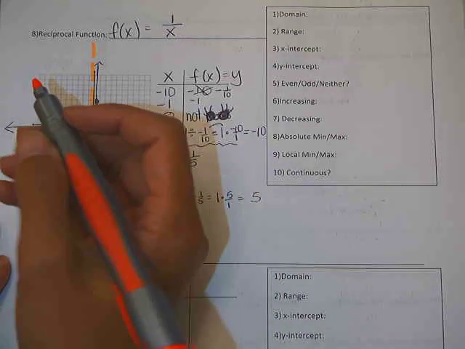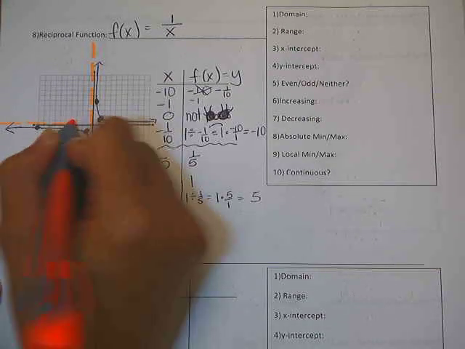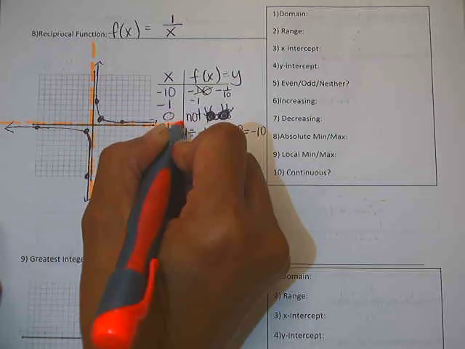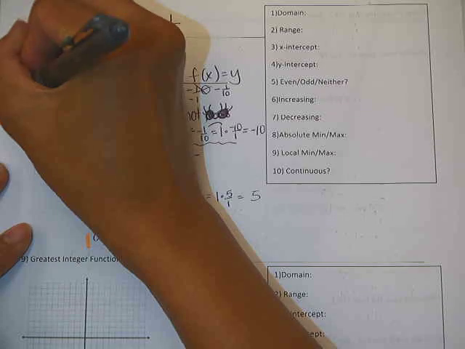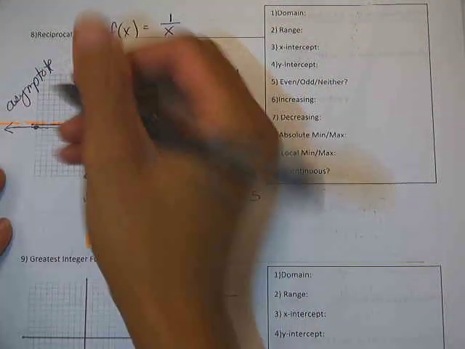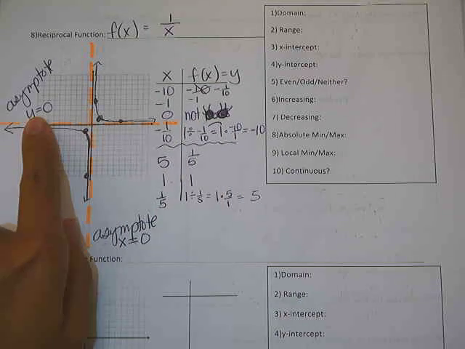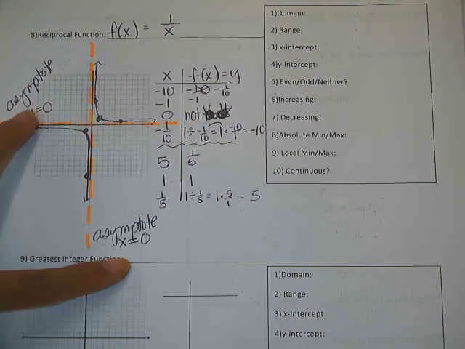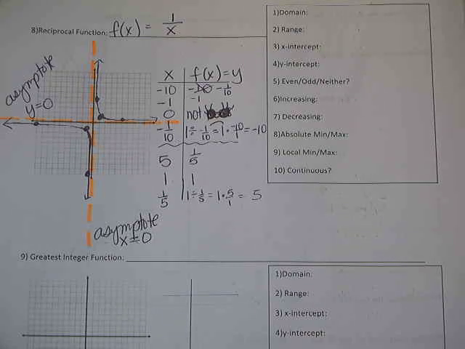So there's also another asymptote this way. Cool? Right? There you go. Okay? And we use a dashed line. So here's another asymptote. And because it's horizontal, we call this line y equals 0. Because y can never be it. So the asymptote lines indicate values that x and y cannot be. So that's why we have those.